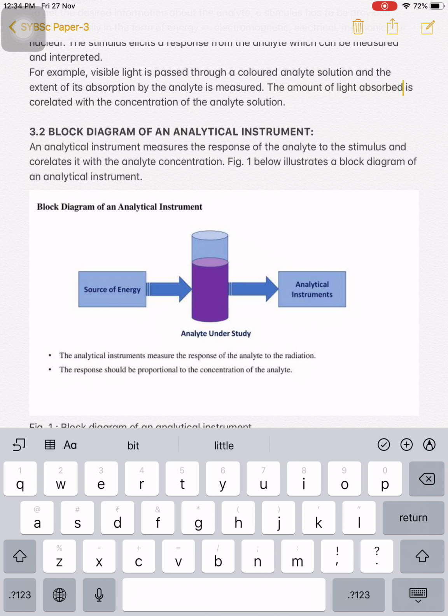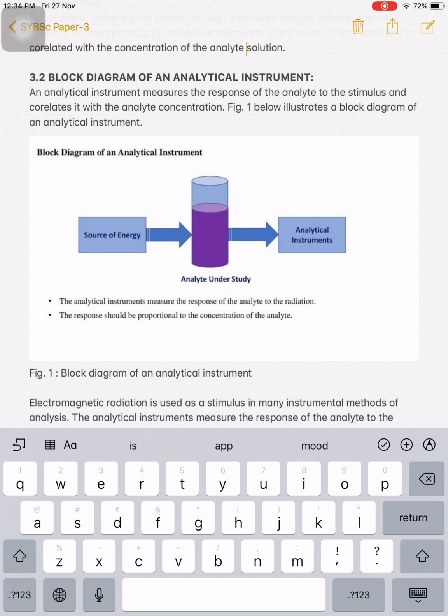The amount of light absorbed is correlated with the concentration of the analyte. If the concentration of that component in the solution is more, then absorption is more, because light cannot pass completely through that solution. Therefore, the amount of component is calculated. Now we are going to study the block diagram of an analytical instrument.